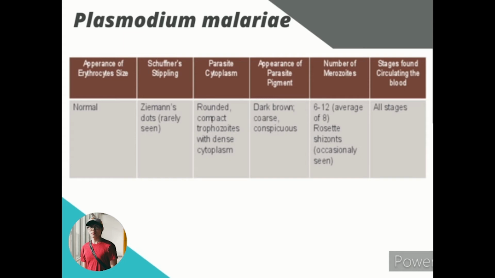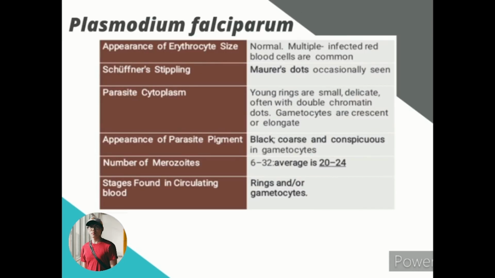For Plasmodium falciparum, the appearance of erythrocyte size is normal, but it has multiple infected red blood cells which are common in this parasite. Schüffner stippling, Maurer's dots. The parasite cytoplasm has young rings which are small, delicate, and often with a double chromatin dot.